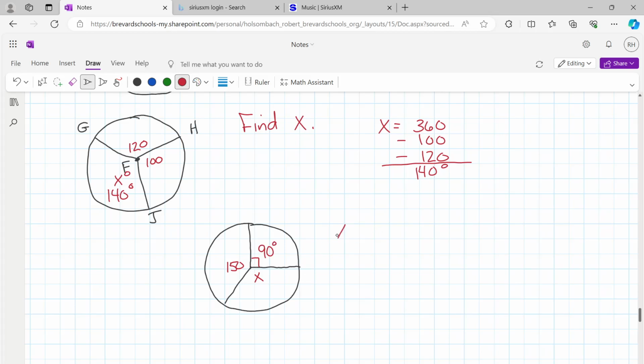So again, x in this case would be equal to 360 minus 90 minus 150, and it's 120 degrees. So angle x right here would be 120 degrees. All good with that? All right. Pretty straightforward.